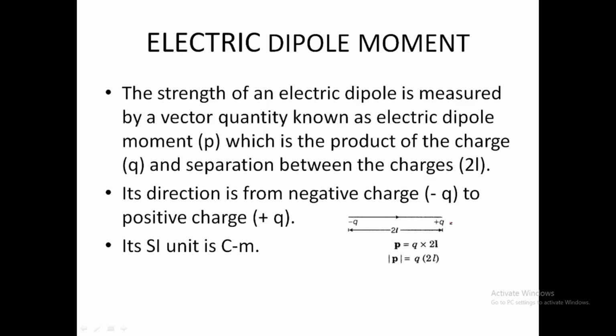So that creates an electric dipole. That moment between them is given by p, which is nothing but charge into 2l, since the magnitude of both charges should be the same and their direction should be opposite, one a negative charge and one a positive charge. Its SI unit is coulomb meter.